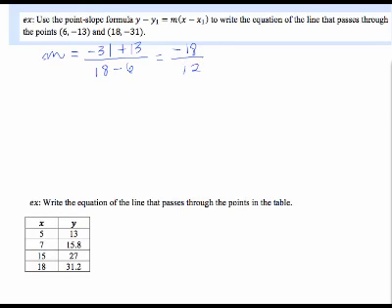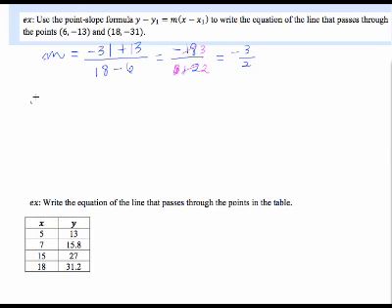Okay, 18 and 12. I can take a 6 out of both. 18 divided by 6 is 3. 12 divided by 6 is 2. So that is negative 3 halves for the slope. Then you have two options here.